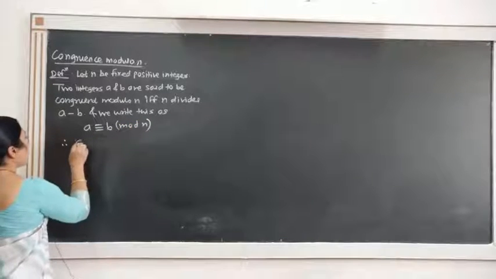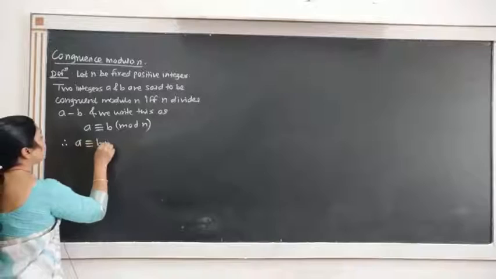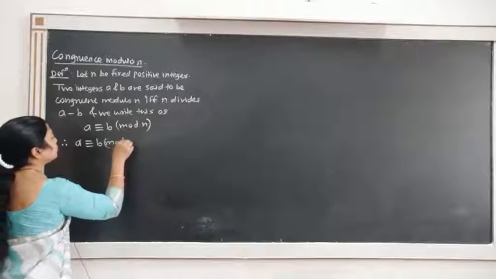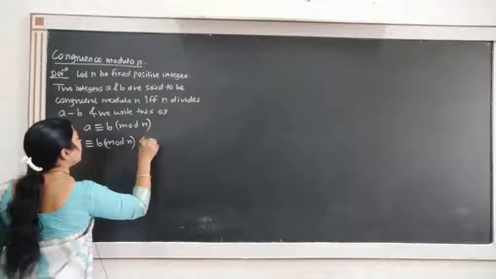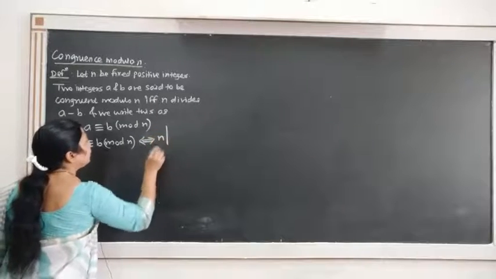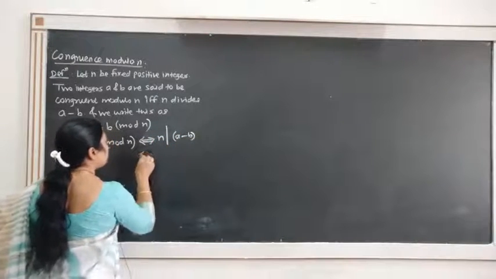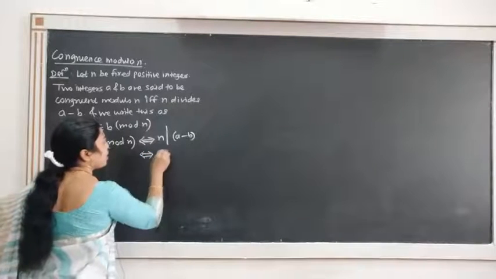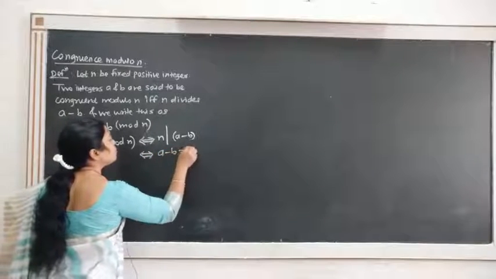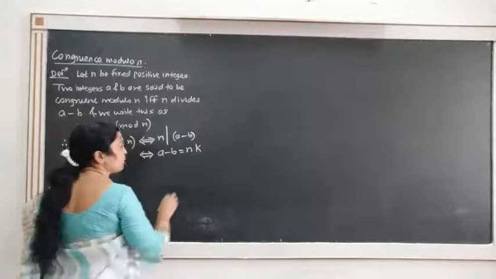Therefore, a is congruent to b modulo n if and only if n divides a minus b. That is, if and only if a minus b is equal to n into some integer k.